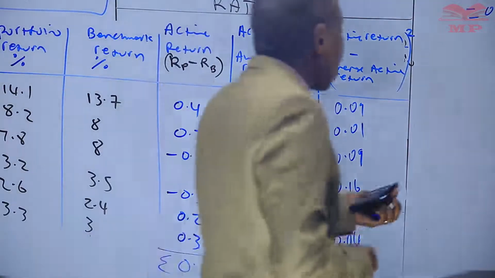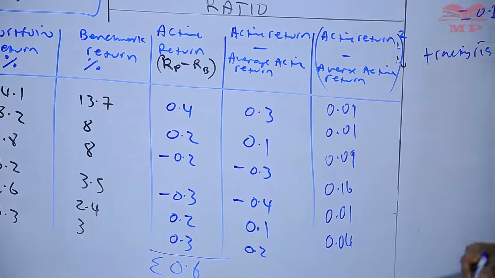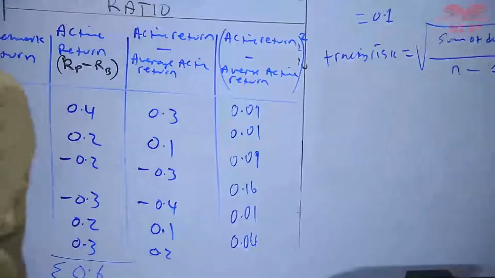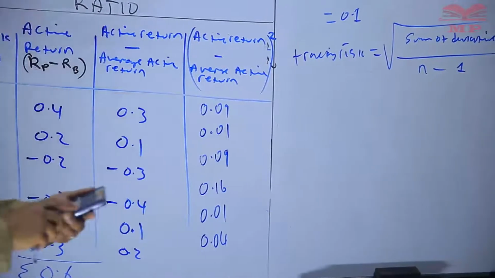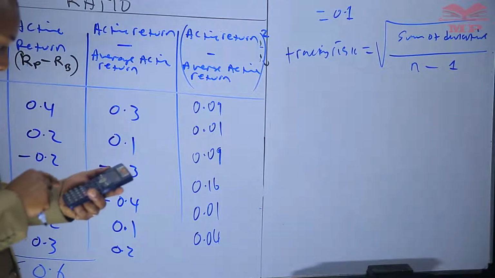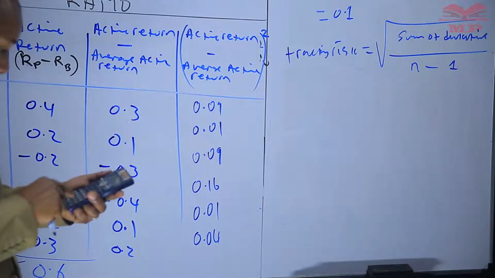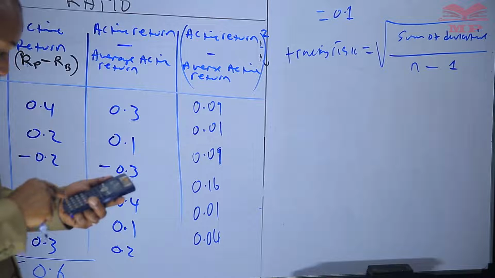Sum of squared deviations, so tracking risk is given as square root of sum of deviations all over n minus 1. That all over n minus 1, ladies and gentlemen. So that's what you need to try and focus on. So sum of deviations is these ones. So we just add them: 0.09 plus 0.01 plus 0.09 plus 0.16 plus 0.01 plus 0.04.